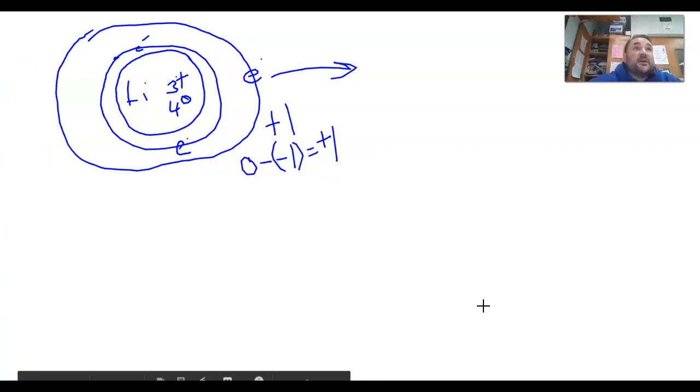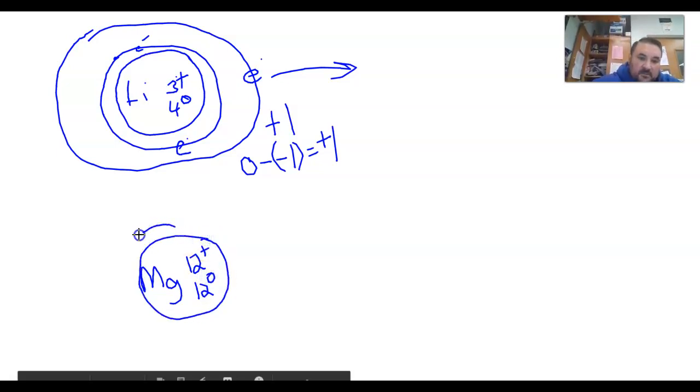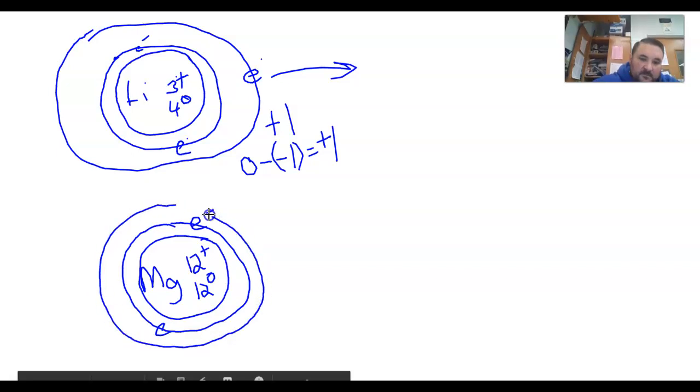If you look at something like magnesium, magnesium has 12 protons, its atomic number. It has an atomic mass of 24, so it has 12 neutrons. Well, you still have 2 electrons in the first shell, 8 in the second shell.